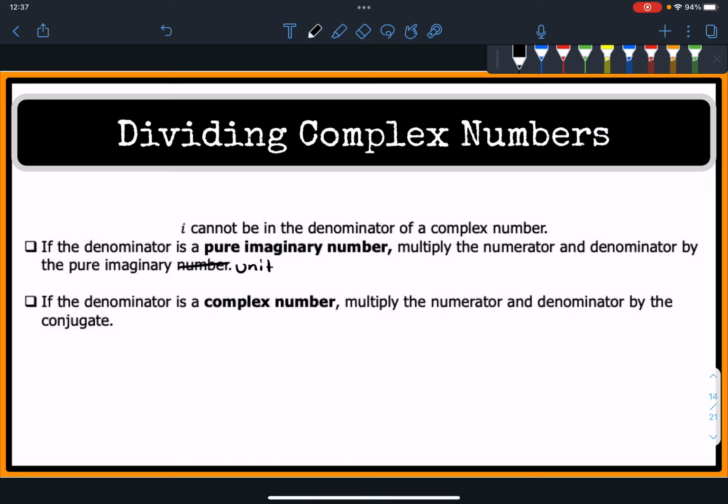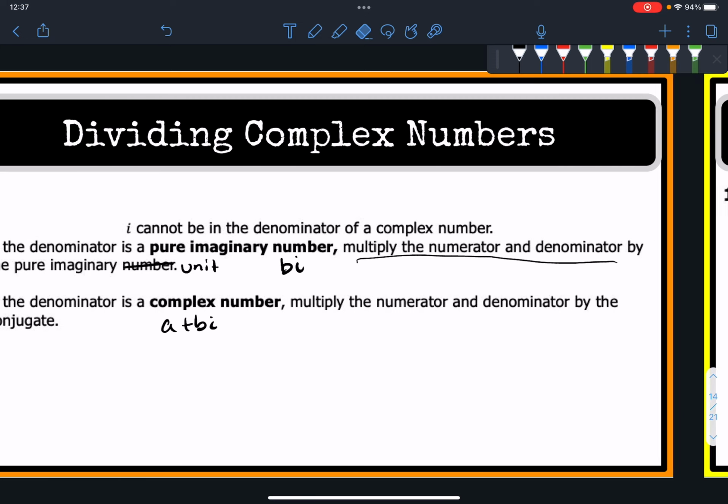And we do that if the denominator is a pure imaginary number. So for example, if it's just basically bi, we multiply the numerator and the denominator by that pure imaginary unit i. However, if the denominator is a complex number, a plus bi, then we multiply the numerator and denominator by the conjugate of that number in the denominator.